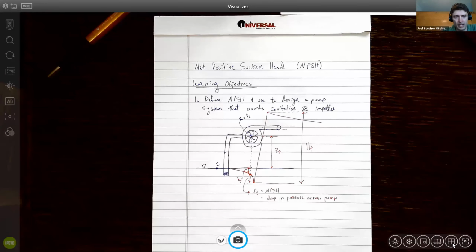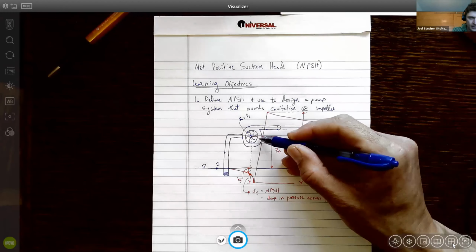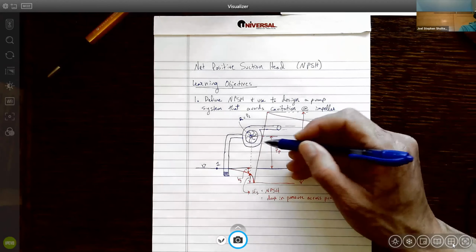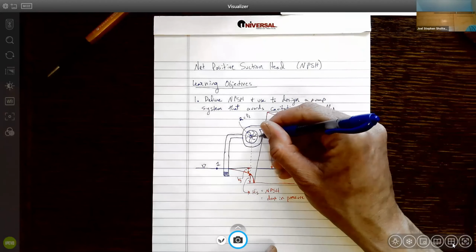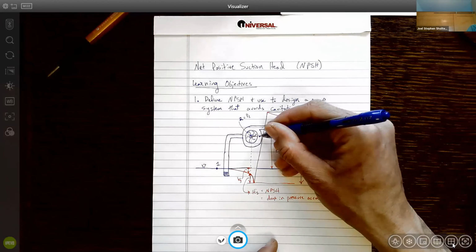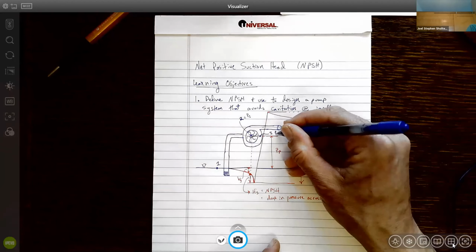We want to make sure that the available pressure at point 2, at the inlet of the eye, is great enough so that when we cross the impeller face, we don't go below the vapor pressure. Our minimum pressure occurs somewhere on the edge of the impeller. So that's point 3, and that's our minimum pressure.